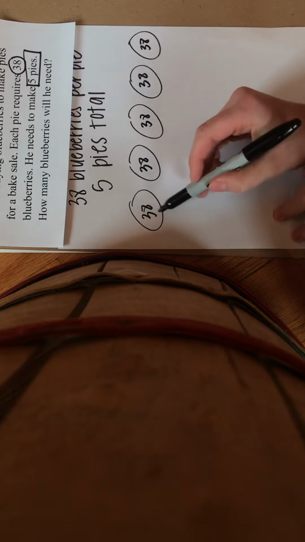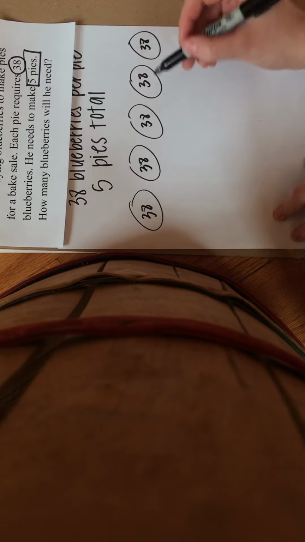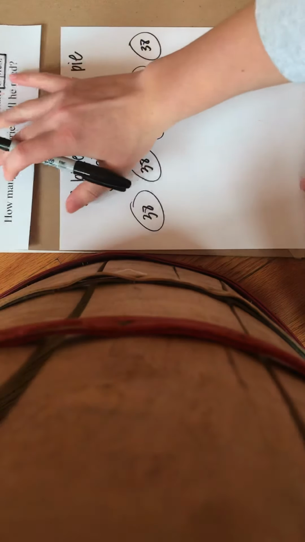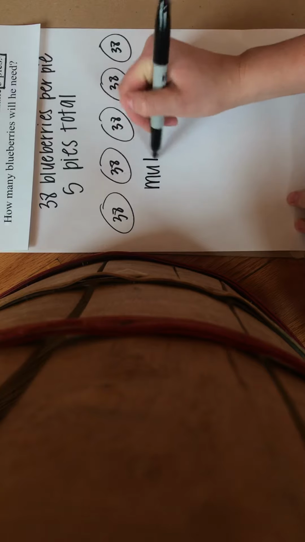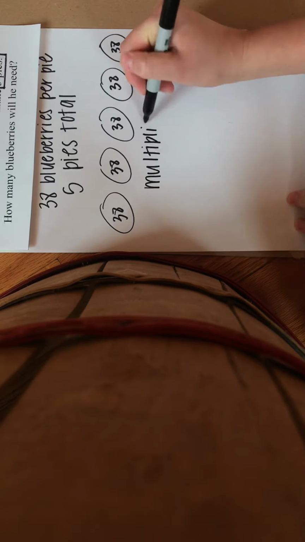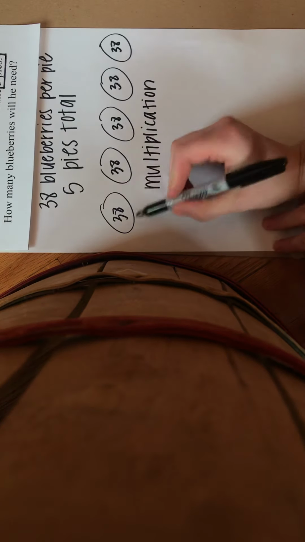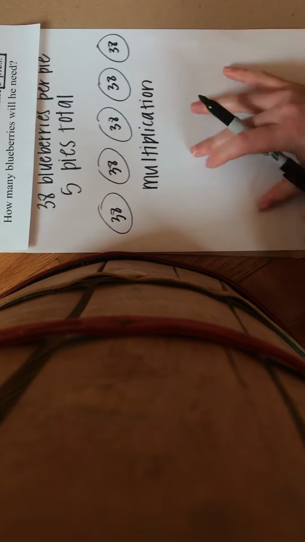We could add up 38 plus 38 plus 38 plus 38 plus 38, but instead, to make it more efficient, we will use multiplication. This is because we have 5 groups of 38, and we need to figure out the total when added all together.